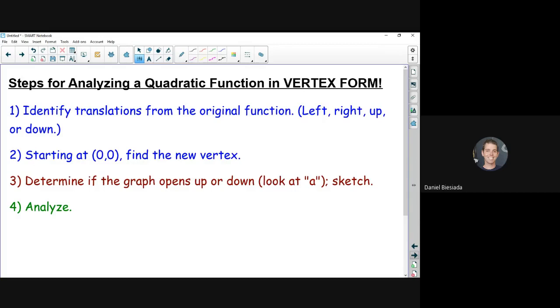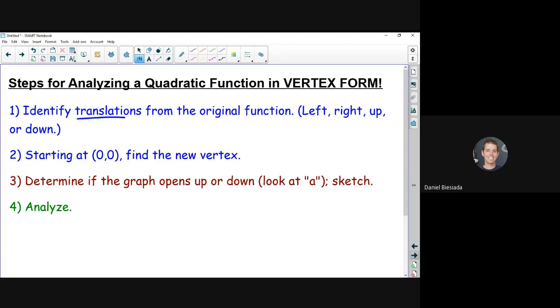Now, when we get to the very end, we'll be doing a 4-step process to analyze a quadratic function in what we're going to call vertex form. Steps 1 and 2 are tied together. We're going to look at our equation and identify what the translations are. We're going to determine if it's left and up, or right and up, or right and down.